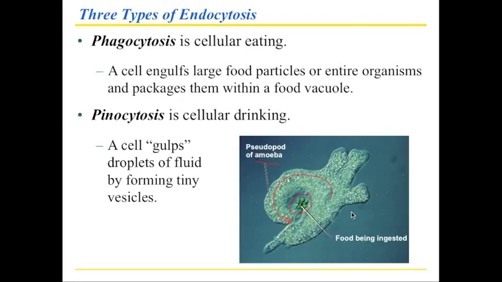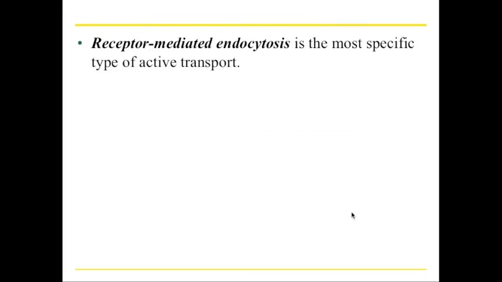This is not drinking water, because water pretty much can get in and out of the cell relatively easily, but other kinds of fluids, and lipids are one of those. The phospholipid bilayer has an affinity for lipids, and so lipids are brought in a different way than solid foods. And so this is cellular drinking.